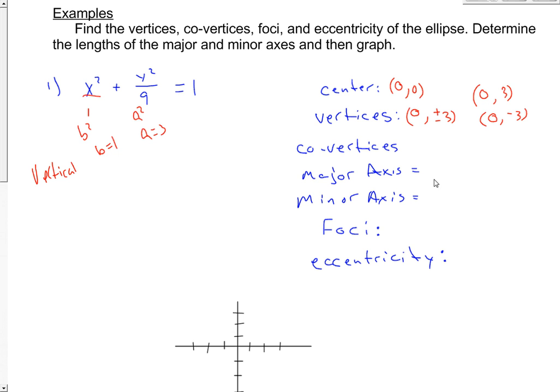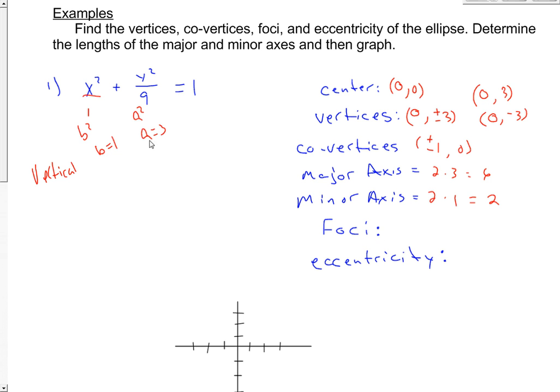And for the co-vertices, those are going to go sideways, so you're affecting the x value, and so that's going to be the b value of 1. So positive and negative 1, comma 0 are the co-vertices. The major axis is going to be twice the length of a, so 2 times 3 is 6. The minor axis is twice the value of b, so 2 times 1 equals 2.